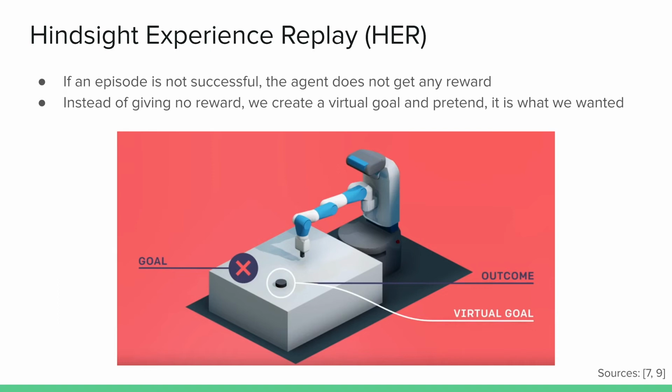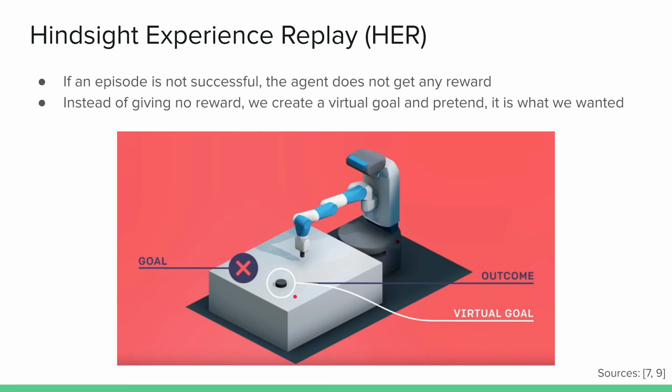What we can do now is pretend that wherever the object landed, even though it was not where we initially wanted it to land, we can pretend and say, I wanted it to land exactly there. This is exactly what I ever wanted you to do. And we create this virtual goal. So the goal here in the image is that part here, but it actually landed here.